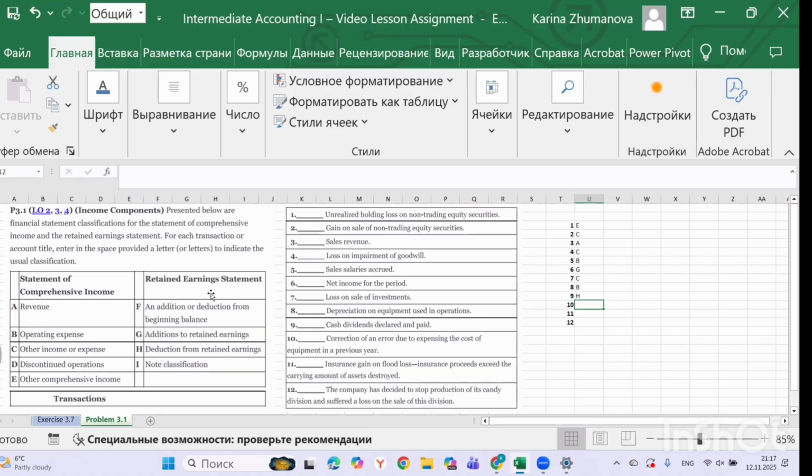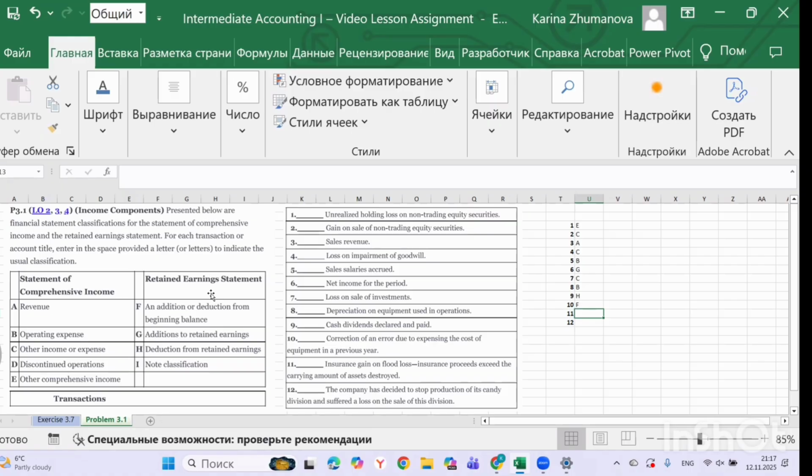So it's a mistake from a past year that has been fixed right now, and the answer is F, addition or deduction from beginning balance, because we don't change the old income statement. So we need to adjust the opening balance of the current year, namely retained earnings, to make corrections.